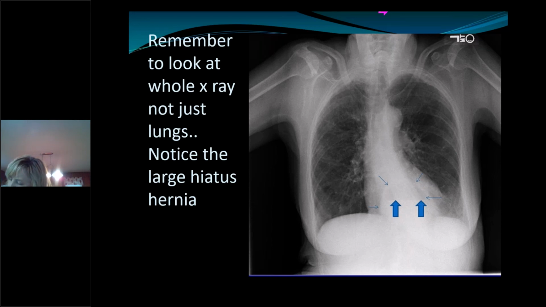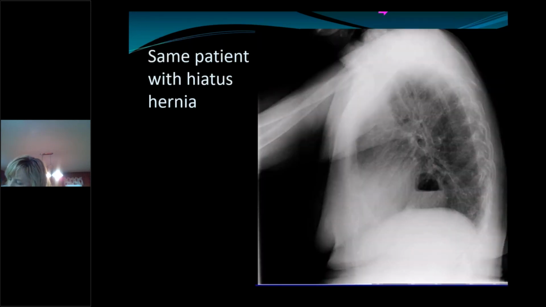So if we're looking at this, and then we look at them on the lateral view, we can really see this as we pointed out now. We see this air fluid line. This is all air because it's dark, so there's a lack of consolidation. Second concern is, here's the heart. This is retrocardiac. There's not supposed to be anything here. So looking at that, hey, there's something screwy here.